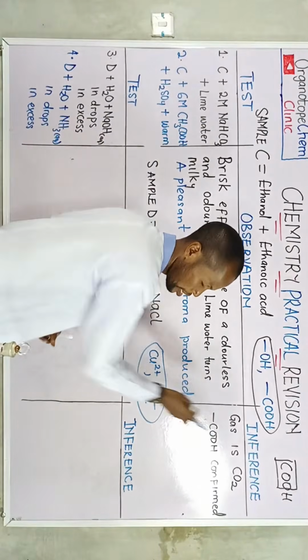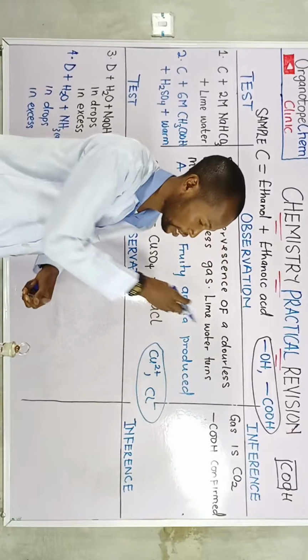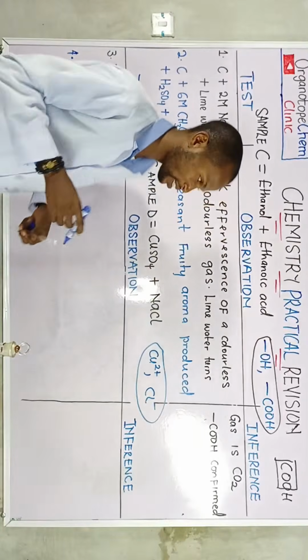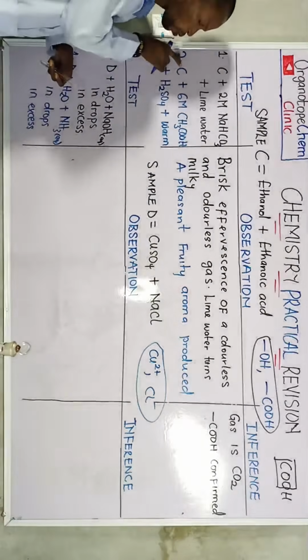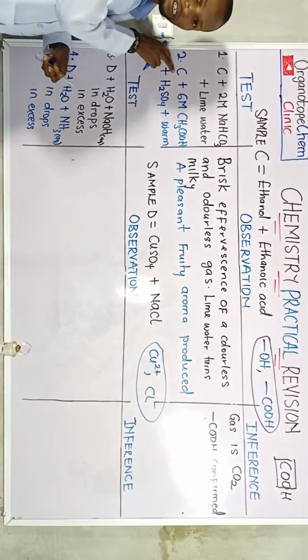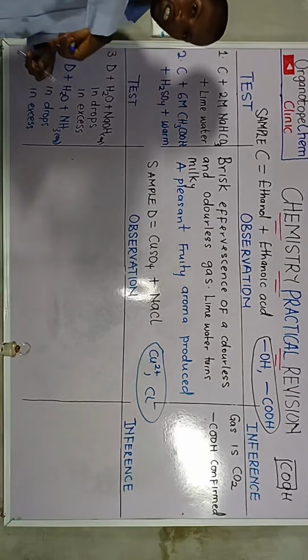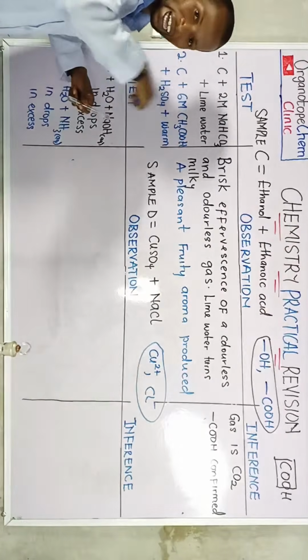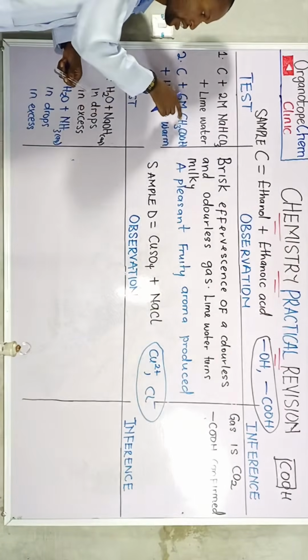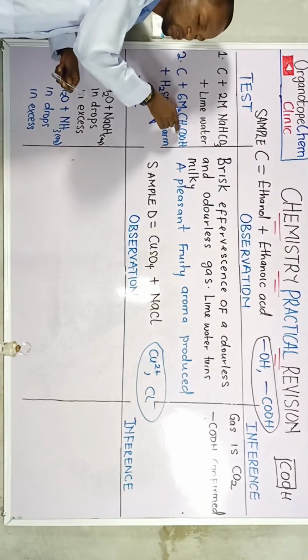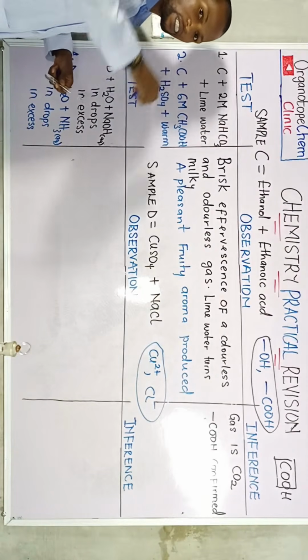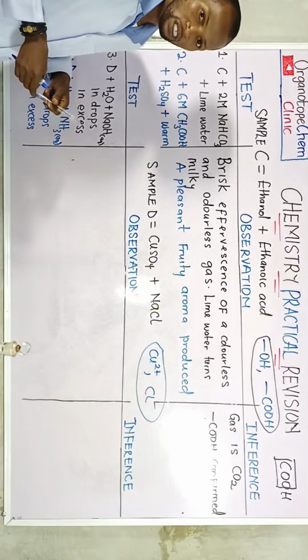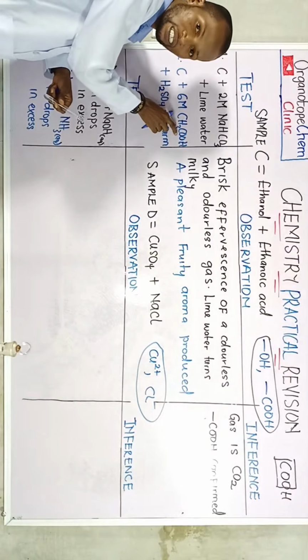Then in the inference, note that we were given sample C, okay? We introduce sample C into the test tube, followed by ethanoic acid. Now, the compound that reacts with the ethanoic acid is what we are testing for, not the ethanoic acid itself.